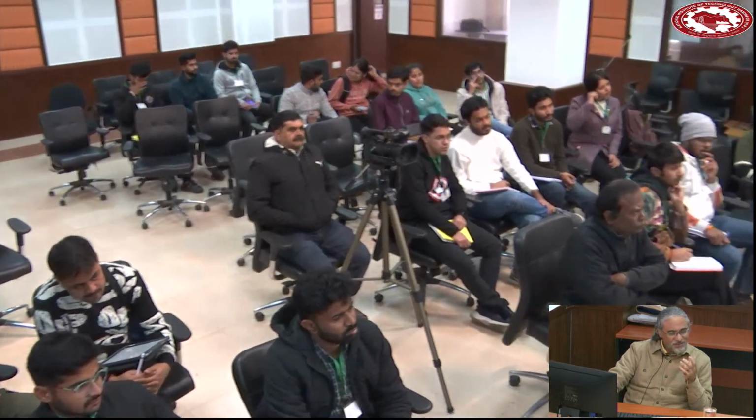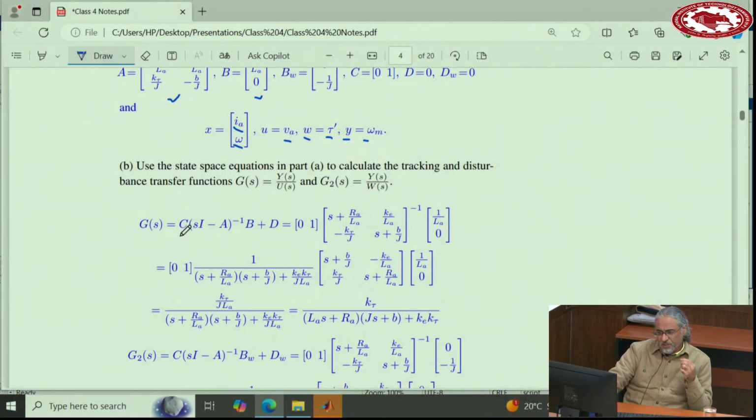We can find the transfer function if you want, just to check, because we already defined the transfer function. We evaluated the transfer function. So just put into this equation C into sI minus A inverse B plus D. So C into this one inverse B. So you need to calculate the inverse of this matrix. So determinant goes in the denominator, and then you multiply, and then you will get transfer function. So this is the transfer function from the command, from the input to the output, to the frequency.